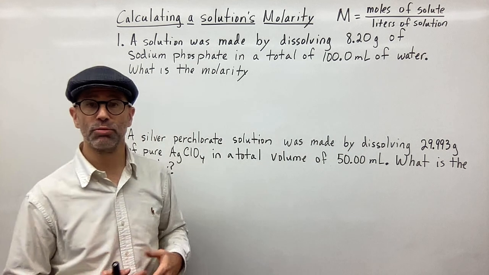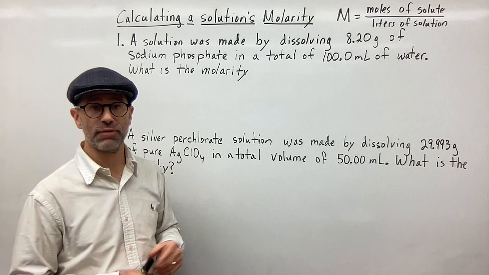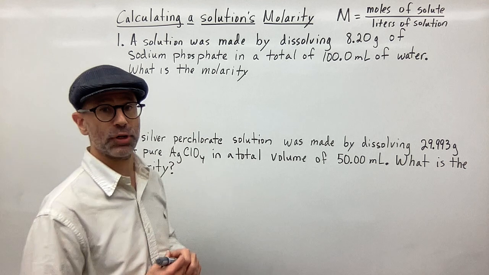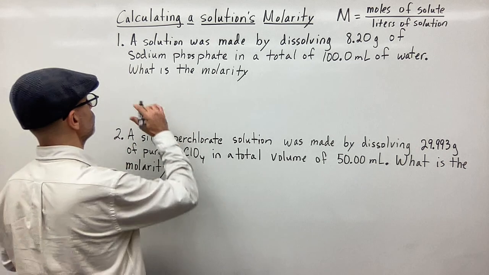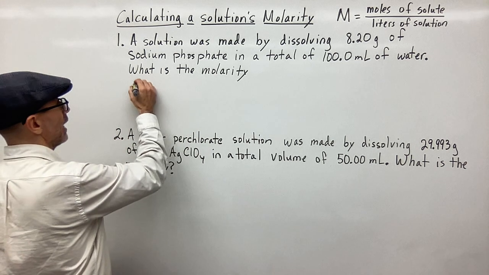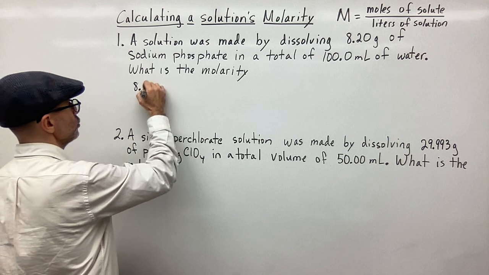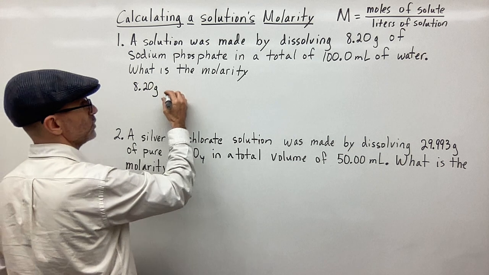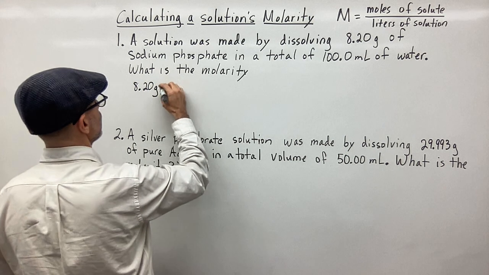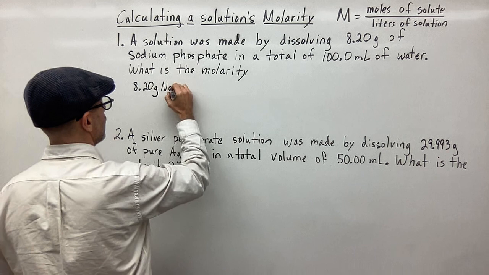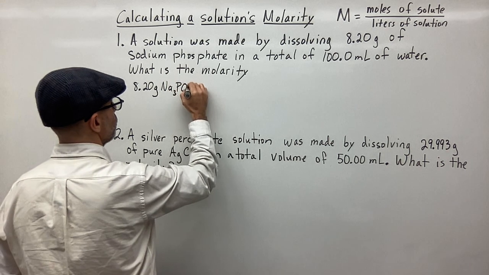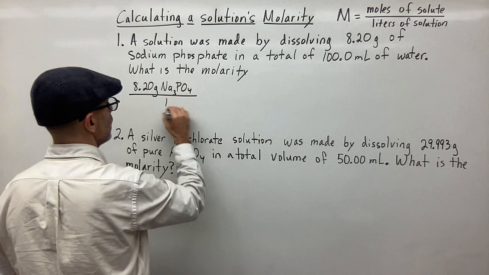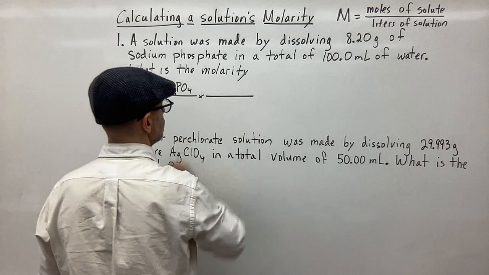So I need the molar mass of the sodium phosphate to do that. So that's the first thing I want to do. I want to convert that to moles. So I'm going to take the 8.20 grams of the sodium phosphate, that's Na3PO4. And I'm going to use the molar mass to convert that.